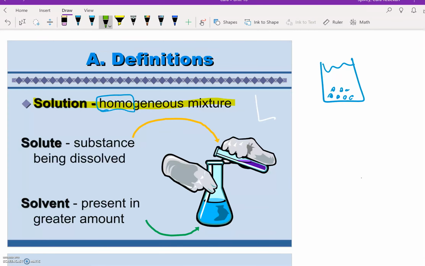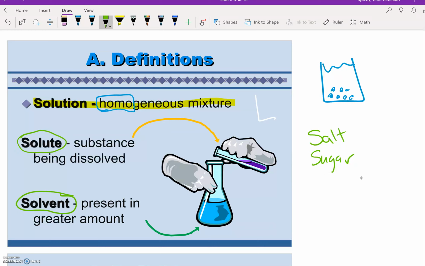From biology, you should already know that solute and solvent are the two major parts of every solution. The solute is a substance that is being dissolved. Lots of times we think of that as salt, sugar, and many other things. Anything that's going to get dissolved or torn apart while making the solution will be considered our solute.